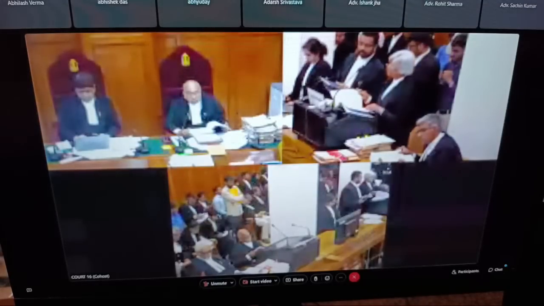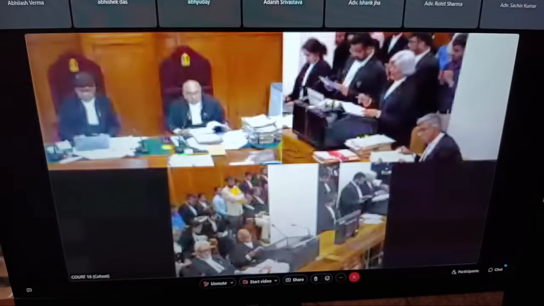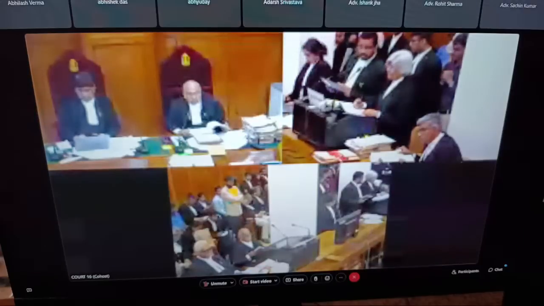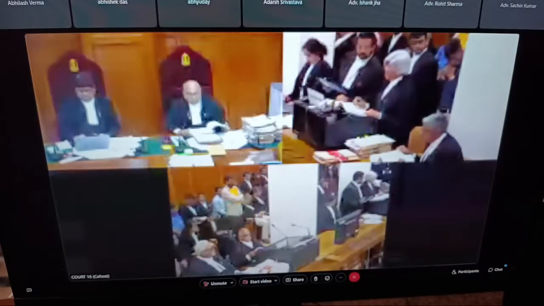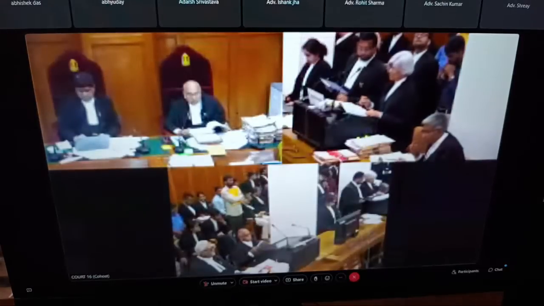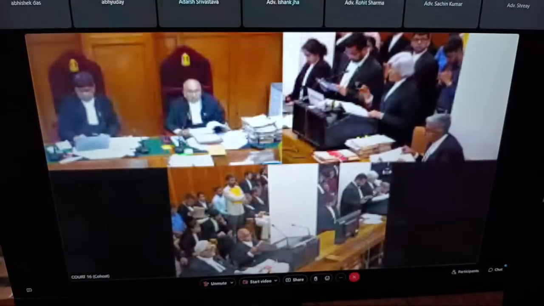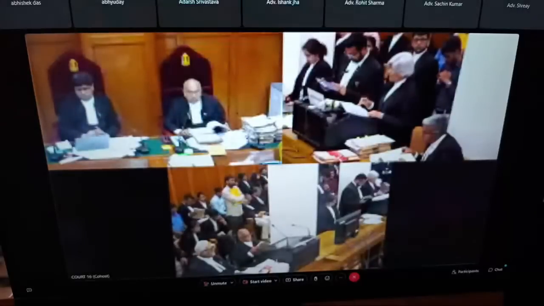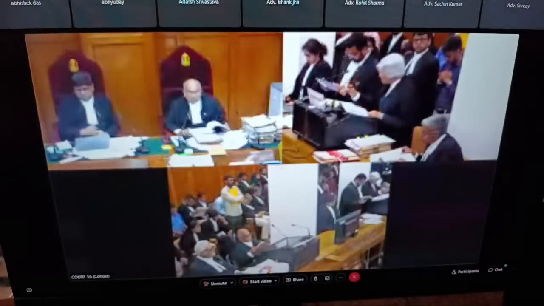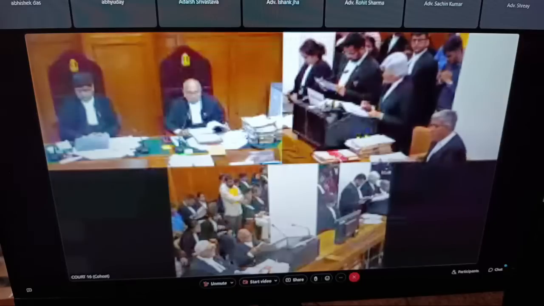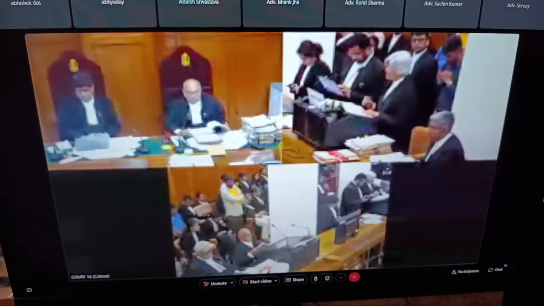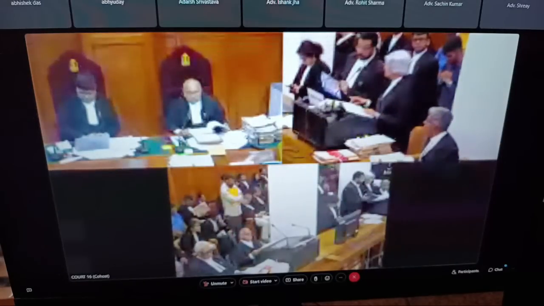So my lord, a similar thing came up in Uttarakhand, and the Uttarakhand High Court then passed this order: since the issue has been decided by the Honorable Supreme Court, the present petition is disposed of in that judgment. Then my lord, the MA came to be filed before this court asking for modification or clarification of my lord's order. The next paragraph itself. And then my lords, that all came to be rejected by my lords.